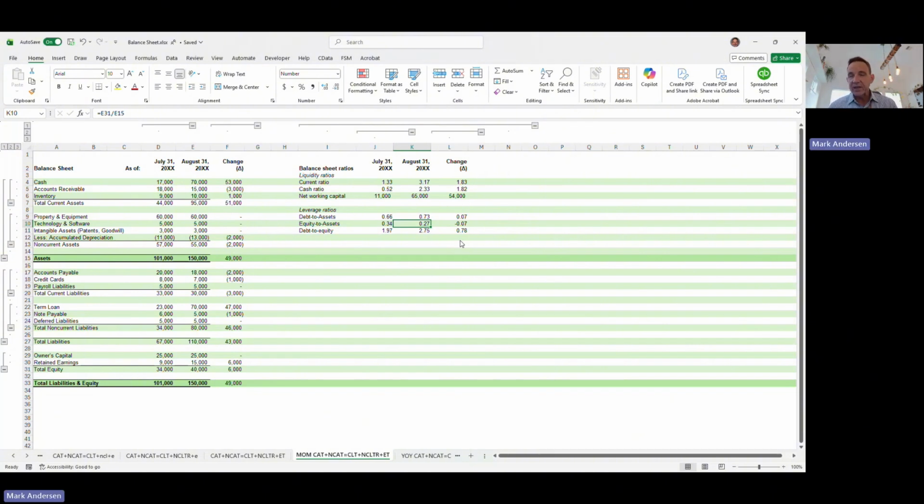The point being is, if they're expecting you to have 40% in the business and you borrow more, the only thing that can happen is that your skin in the game goes down. And that's why it's important to be able to manage your balance sheet in such a way that you can be prepared for a loan if you ever need it. Does that make sense?